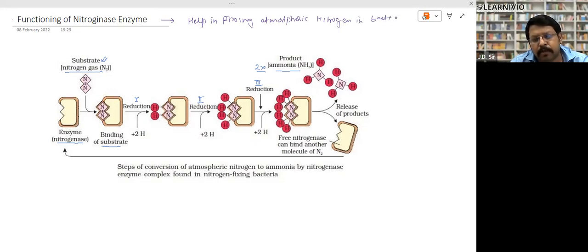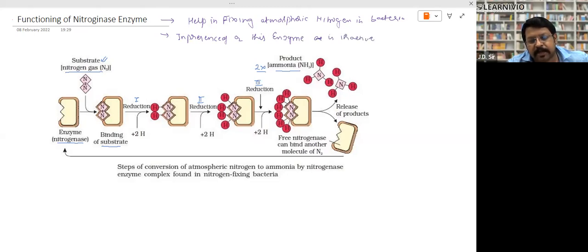What is the most important thing here? This enzyme does not work in aerobic conditions, right? In presence of oxygen, this enzyme is inactive. Let me write it down. In presence of O2, this enzyme is inactive.